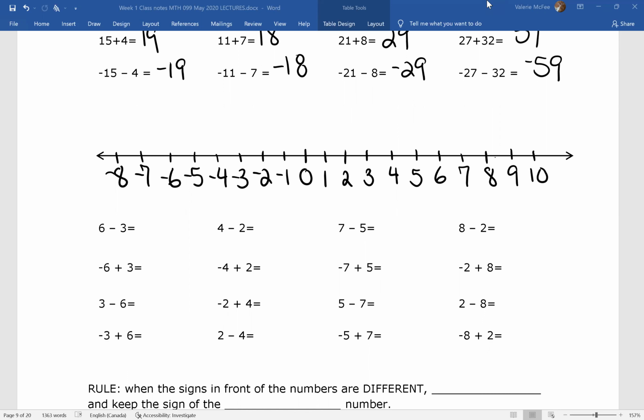You might want to do so as well. Let's answer the questions in the first row. We know how to do these. 6 minus 3, 4 minus 2, 7 minus 5, 8 minus 2.